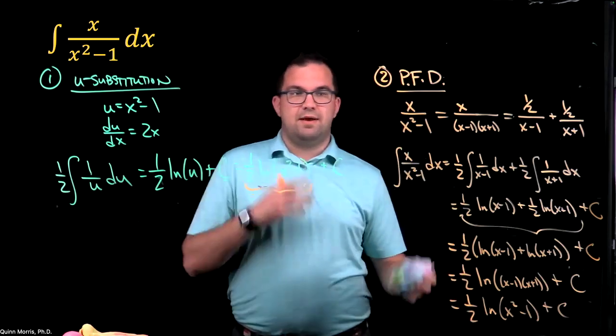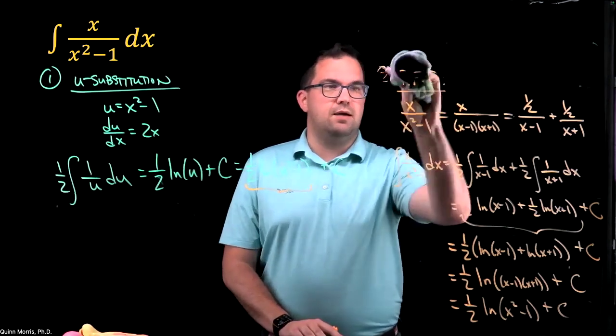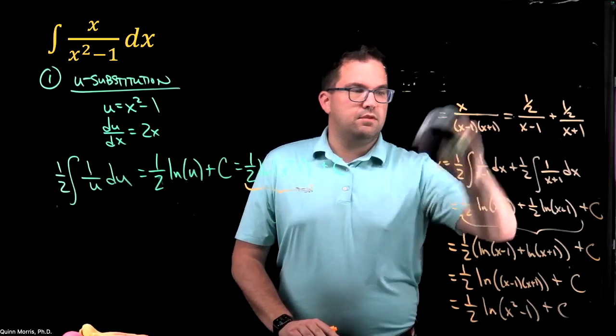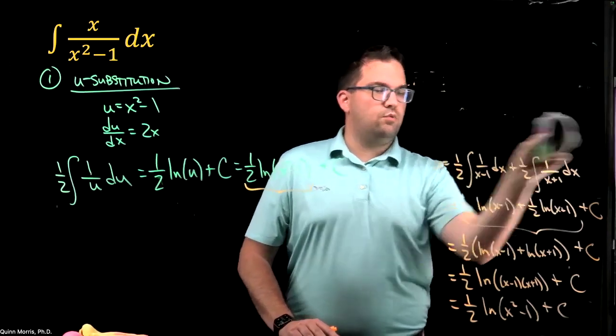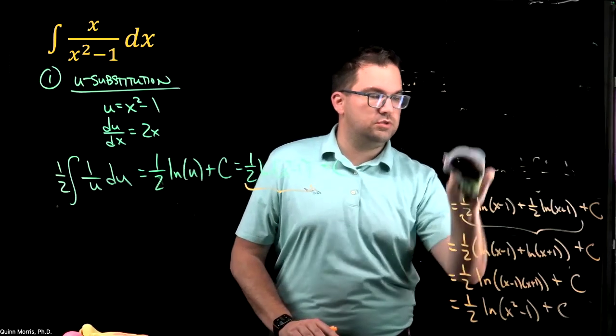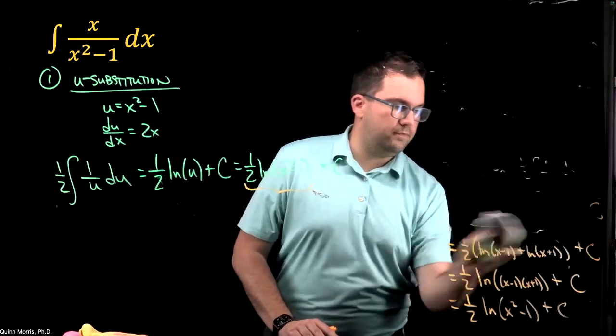But what if I didn't think about u substitution or partial fraction decomposition? And what if I looked and said, oh, I see an x squared minus 1. That sort of looks like one of the forms that I might be able to use a trig substitution on.